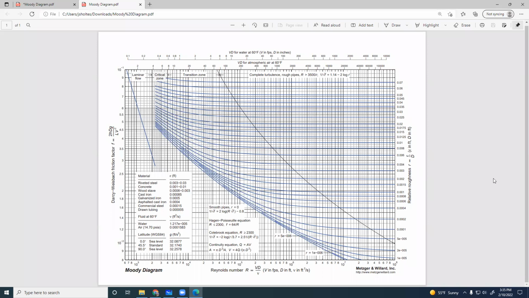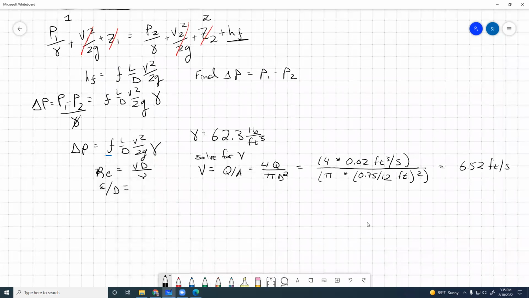Okay, all pretty close. So for our dynamic, or sorry, kinematic viscosity, it's 1.08 times 10 to the negative 5th feet squared per second. Okay, so we can plug that in and calculate the Reynolds number.